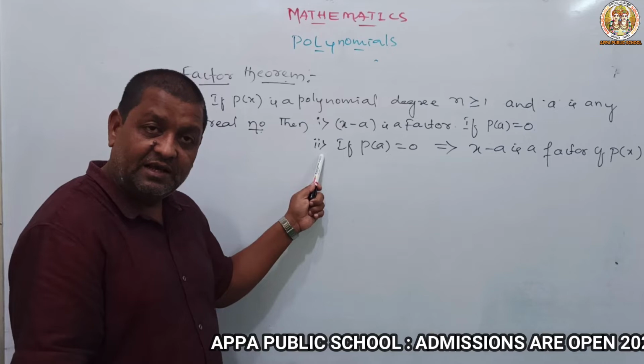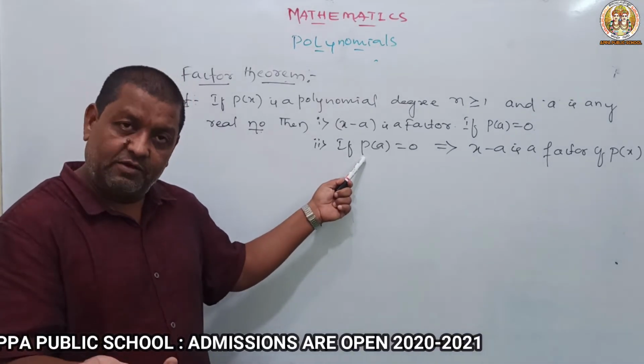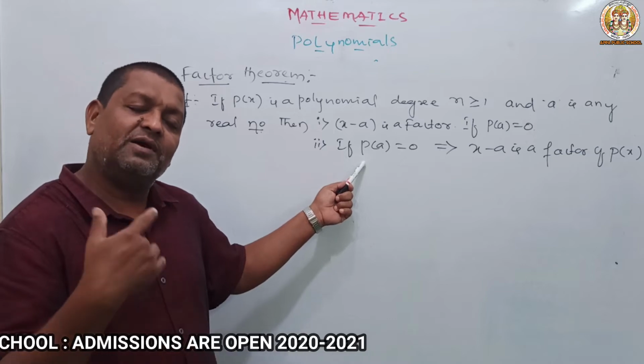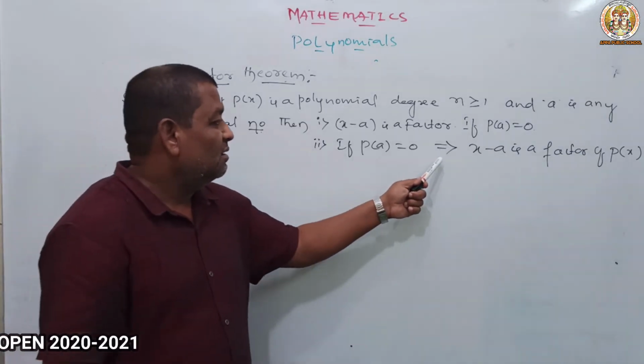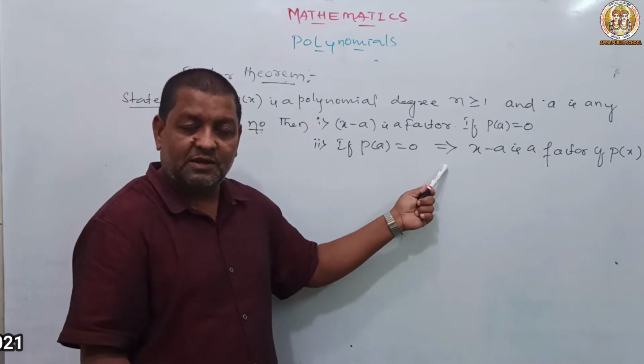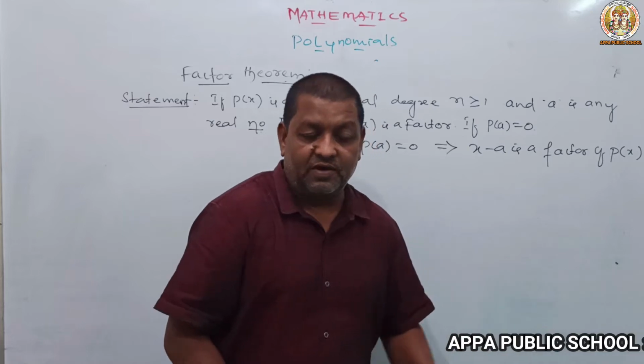Like that. In the second, if p of a becomes 0, then what is our conclusion? It implies x minus a is a factor of p of x.